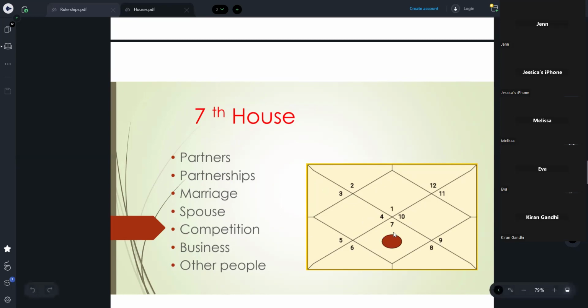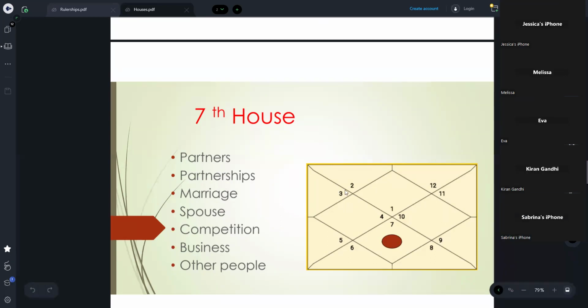But if you see a connection between the seventh house and the third house, short distance travels, neighbors, the chances are very high that you're going to find a partner that doesn't live too far from where you are.